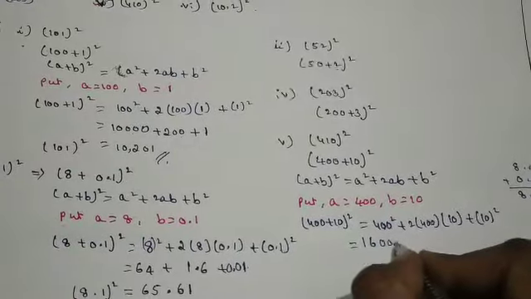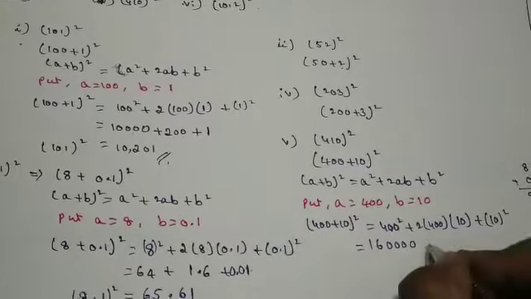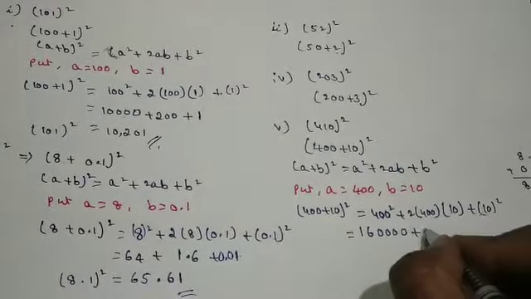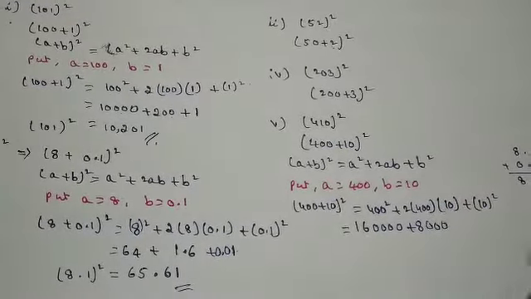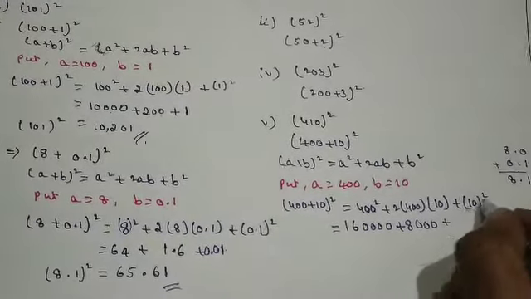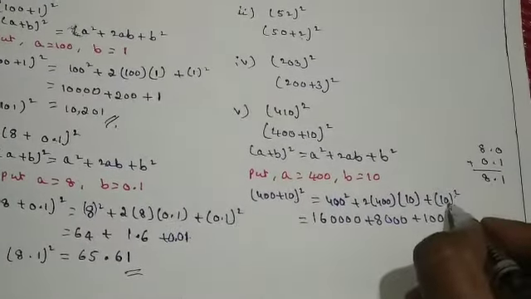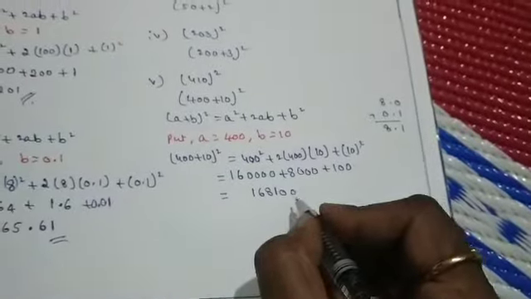4 square is 16. Since you have 2 zeros here, double it, 4 zeros. That's all. So 1,60,000 plus 4 2s are 8, 8 1s are 8. There are 3 zeros, so 3 zeros becomes 8,000 plus 10 square. We know that 10 square is nothing but 100, or here you have a single zero, double it, 2 zeros. So add up this.